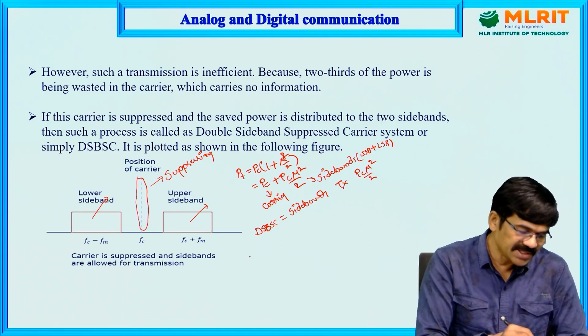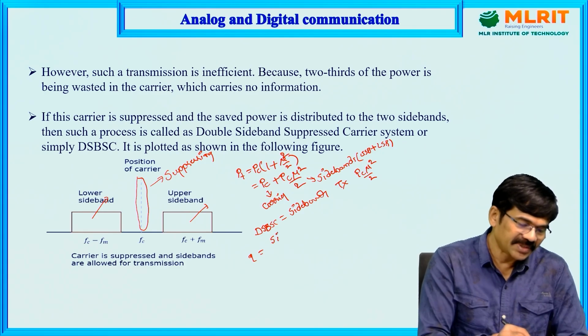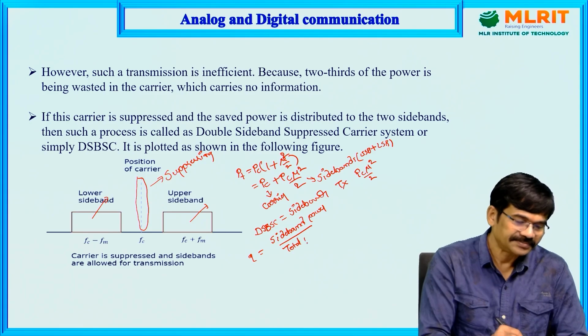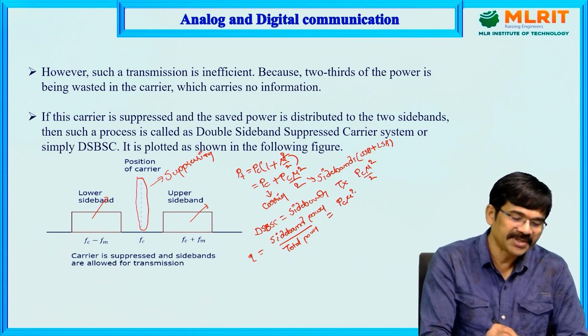As per the efficiency of AM, we calculate the sideband power divided by the total power. What is the sideband power? Sideband power is PC mu square by 2. What is the total power? PC times 1 plus mu square by 2.